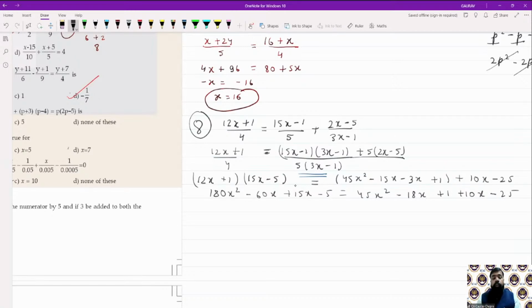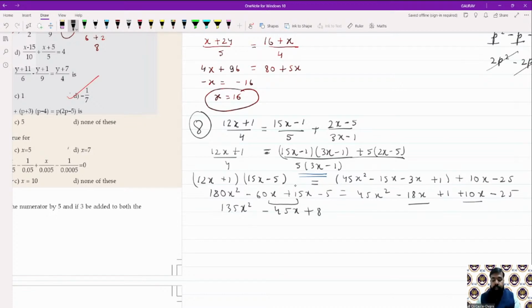So we can bring all the variables on one side. 180 minus 45 becomes how much? 135x square. Then minus 60x plus 15, it is minus 45x. Then 18 and 10, this is minus 18 and plus 10, it will become minus 8.